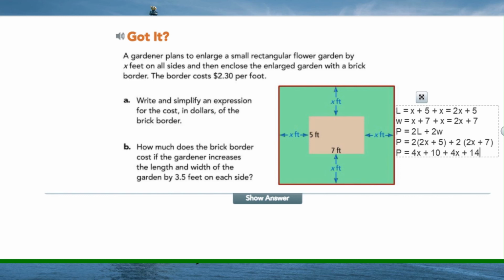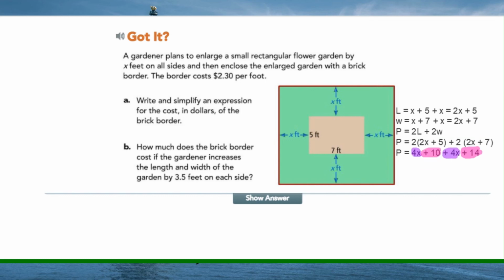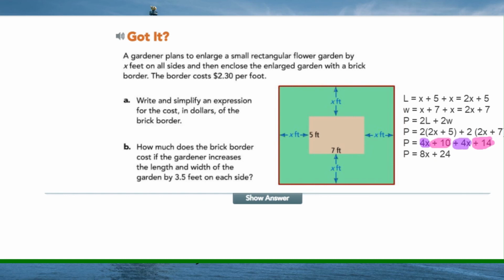Now we have to identify our like terms. Our like terms are 4x and positive 4x. Then we have positive 10 and positive 14. So now we combine our like terms. Once we combine our like terms, we end up with 8x plus 24.